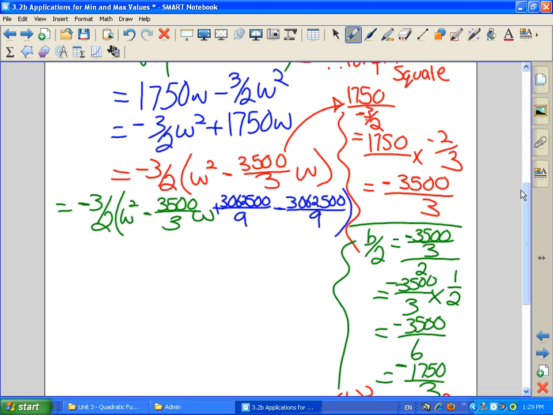Again, we only need the first 3 terms to complete the square. So we're going to use that and write our 3 terms out.